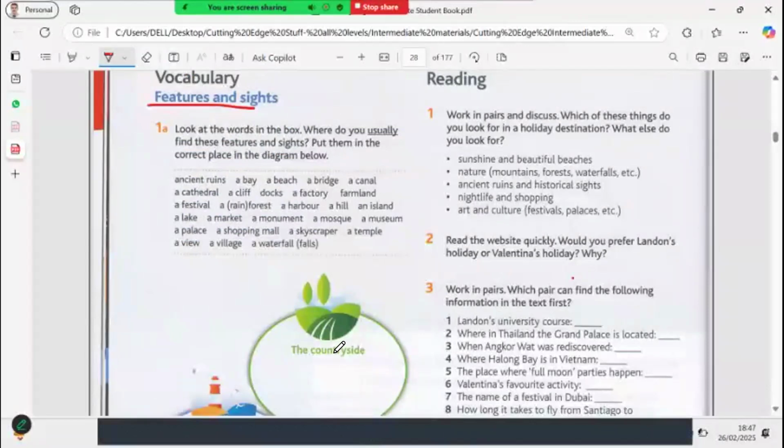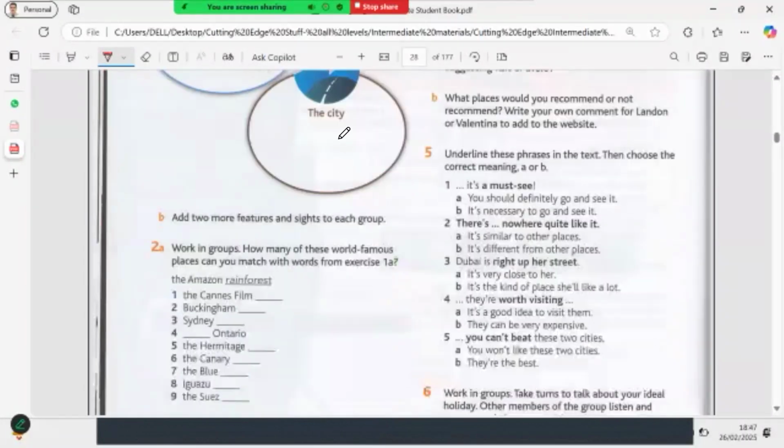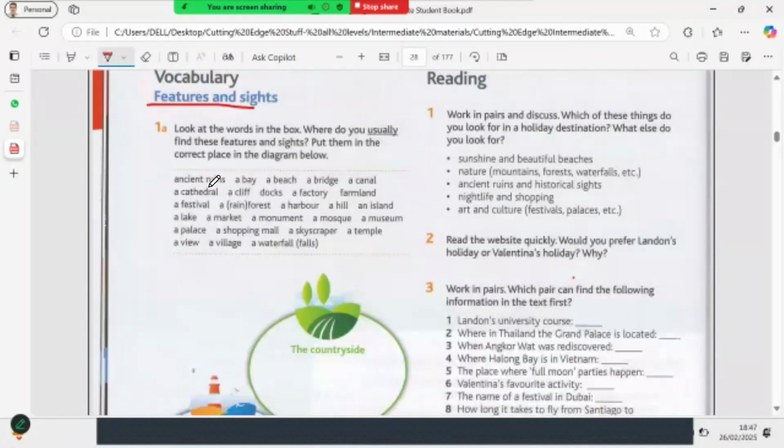Yes, the village. And the coast, ساحل. And the city. Okay, so we need to categorize the words in 3 different groups.